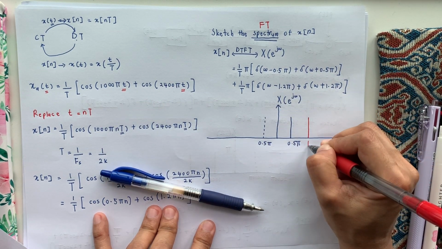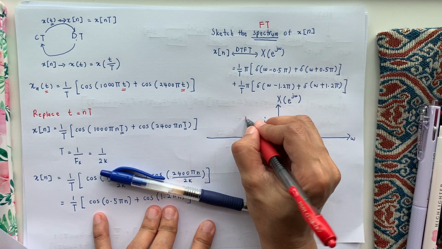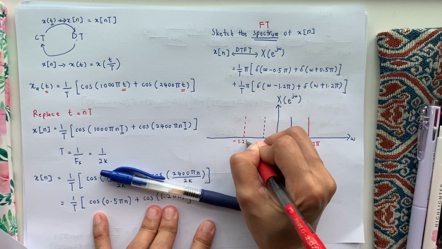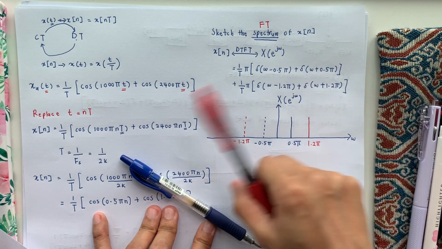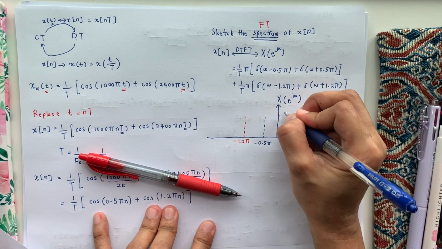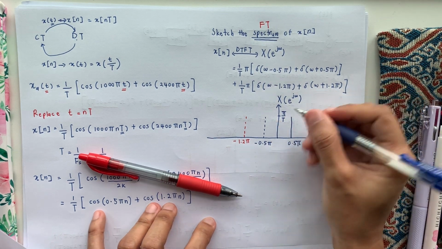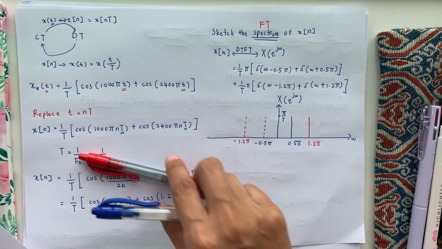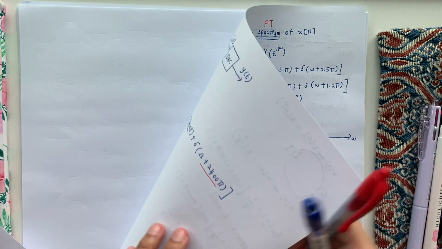Shifted to the left with negative 1.2 pi. Right. So what is the amplitude? The amplitude is pi over T. Okay, so this is if you are asked to sketch the spectrum of x[n].